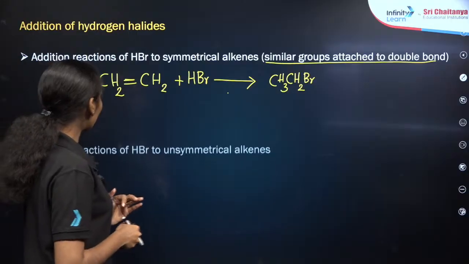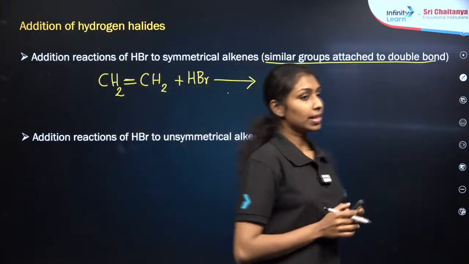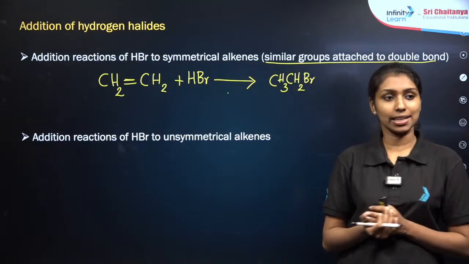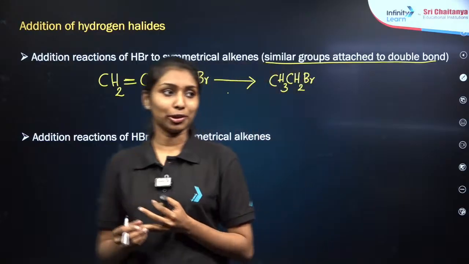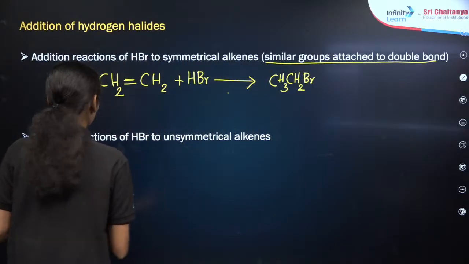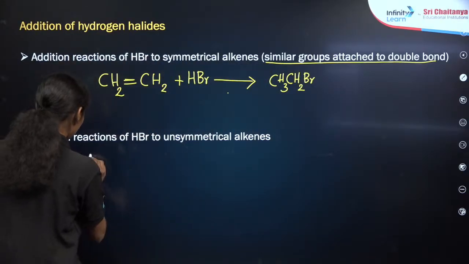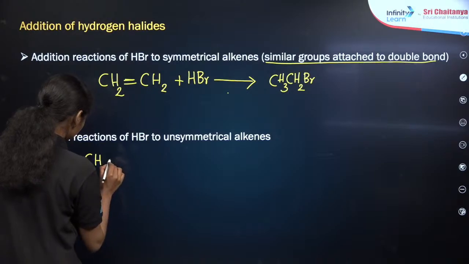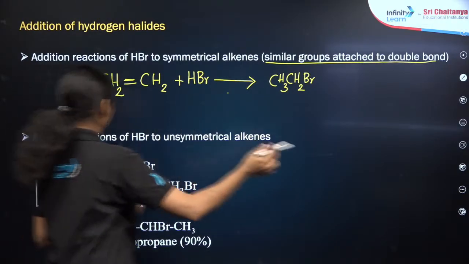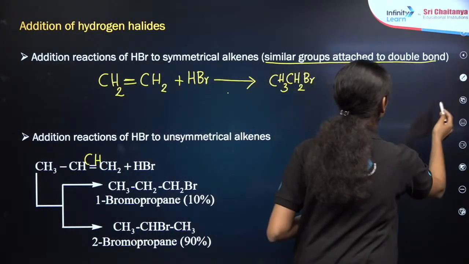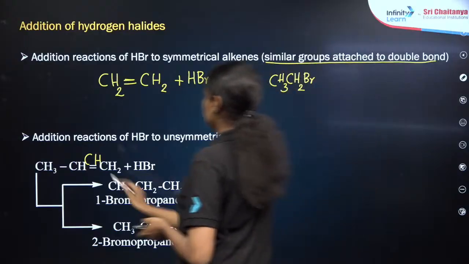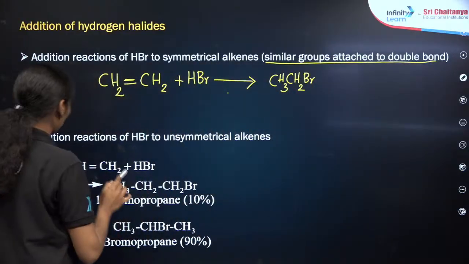The second case is unsymmetrical alkenes, right? Yes, Markovnikov as well as anti-Markovnikov. If I am taking an unsymmetrical alkene, for example this one, this is my propene molecule.